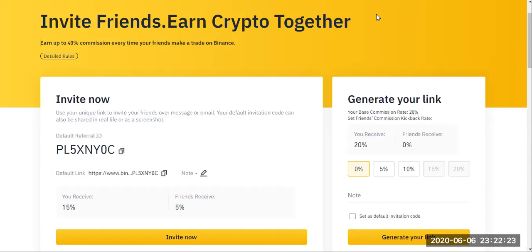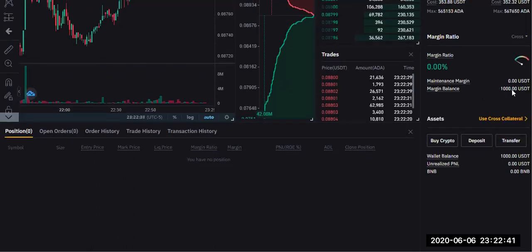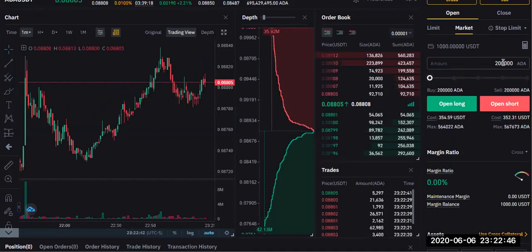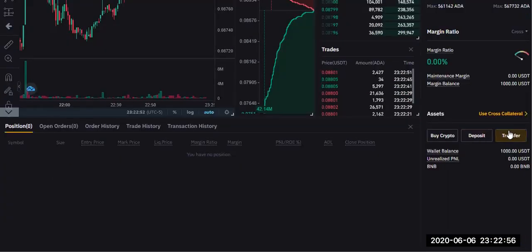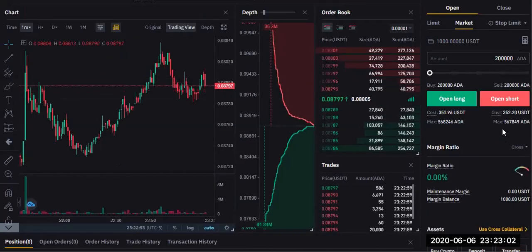Okay, so we have $1,000 in this account right here. You can see that I'm getting ready to trade with 200,000 ADA at 50x leverage. Now, this is actually a large amount of that portfolio, but you can transfer more and deposit more in here. And this is not my portfolio. This is nowhere near it.